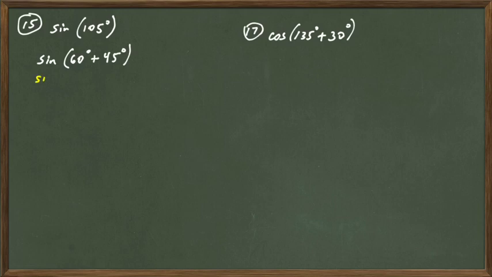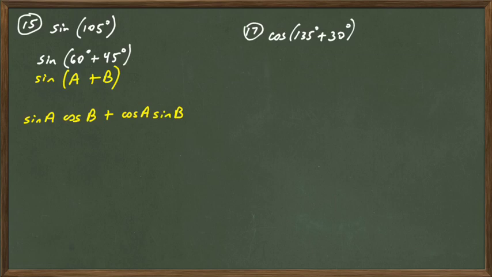Okay, so this is now in the form of sine A plus B, correct? So what does the sine do? It's sine A cosine B, same sign, then the opposite: cosine A, sine B. Does that sound right?